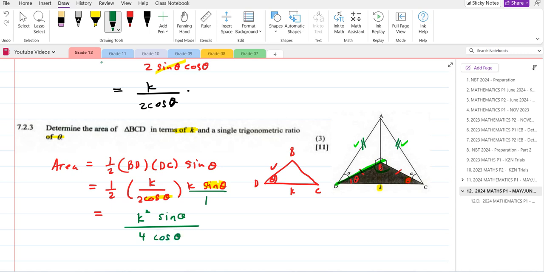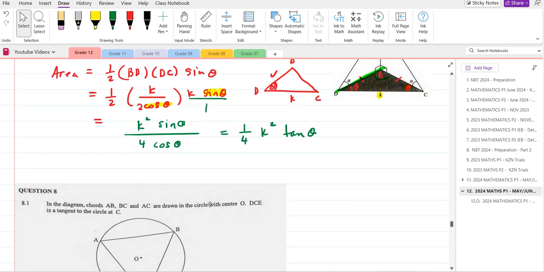Sine over cos is tan. So I've got quarter K squared tan theta. What they said, determine the area of triangle BCD in terms of K and a single trigonometric ratio in terms of theta. So the single trigonometric ratio is tan theta. In terms of K is K squared, and there's a coefficient in the front. So I hope you guys understood that.